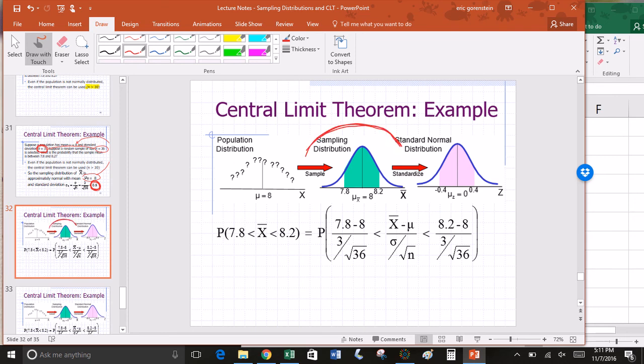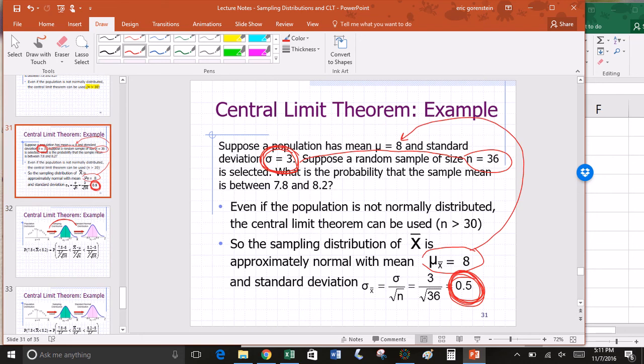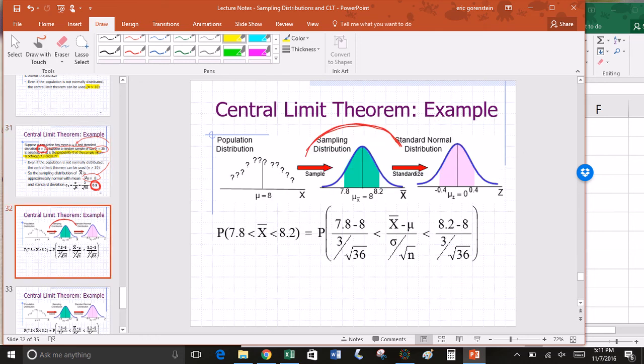And if we want the probability, so this is in the last slide, what's the probability the sample mean is between 7.8 and 8.2? This is the question we're asked. So we could convert 7.8 and 8.2 to z-scores. We're taking 7.8 and converting it to a z-score, and we're taking 8.2 and converting that to a z-score.